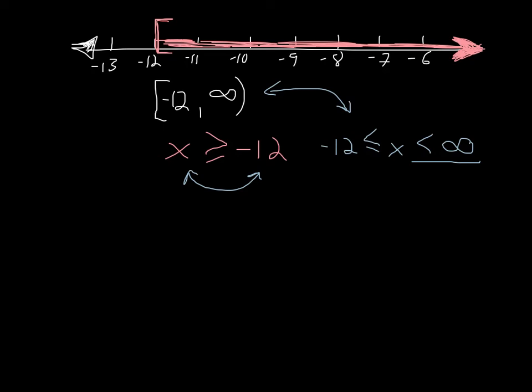So since we have our compound inequality, we can use the shorter one over here to make set notation. We'll just say A equals x such that x is greater than or equal to negative 12.